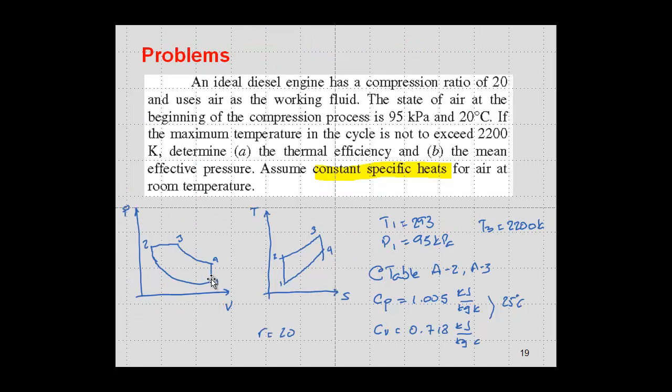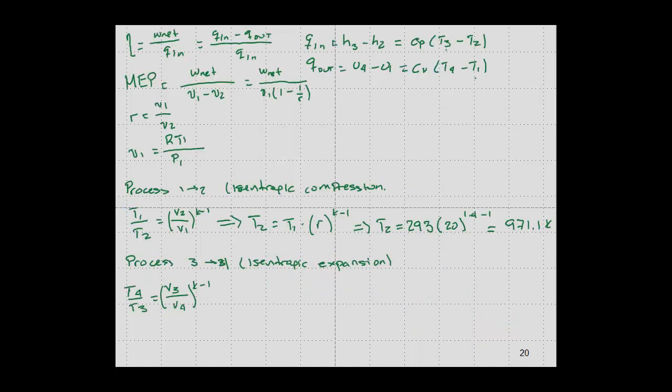But we know the relationship between V1 and V2 because we know the compression ratio, but we don't know the relation between 2 and 3, so we will need to find it out.